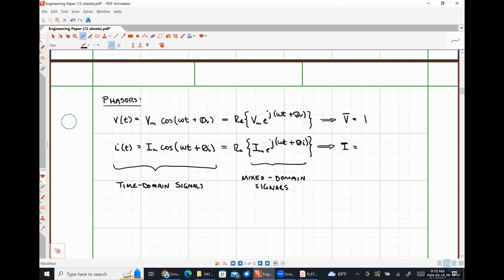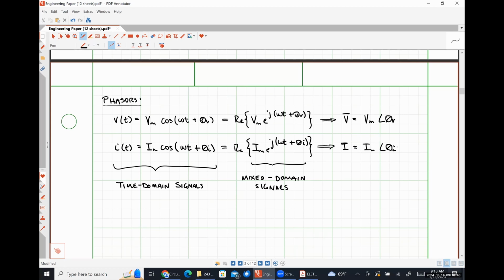So we're just going to have a magnitude and a phase angle, and we're not going to worry about the bit that we threw away.